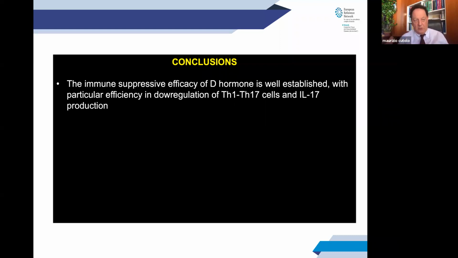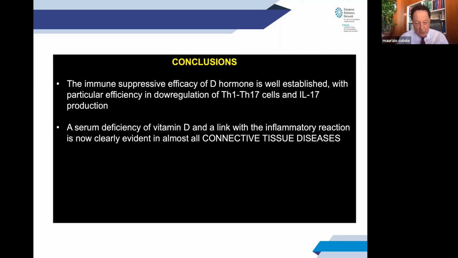Now we know why: because vitamin D is deficient and IL-17 is produced, the cells producing IL-17 are very sensitive to the downregulation by the D hormone. And serum deficiency of vitamin D is the most evident in all patients with connective tissue disease, maybe due to the diet, maybe to the use of drugs, maybe to less exposure to the sun.